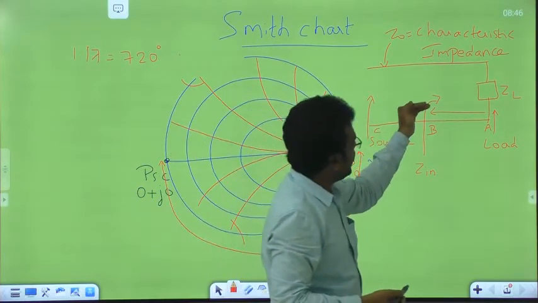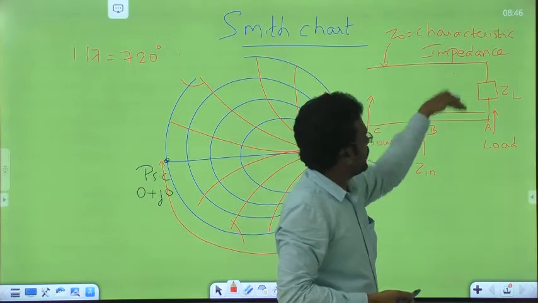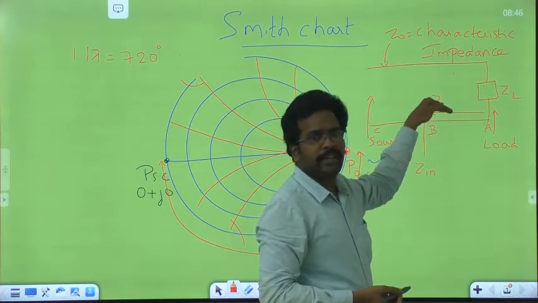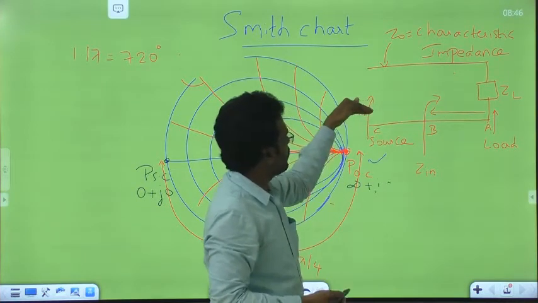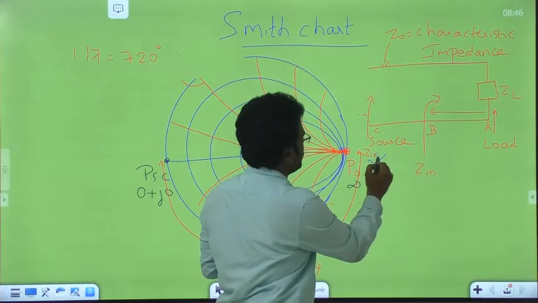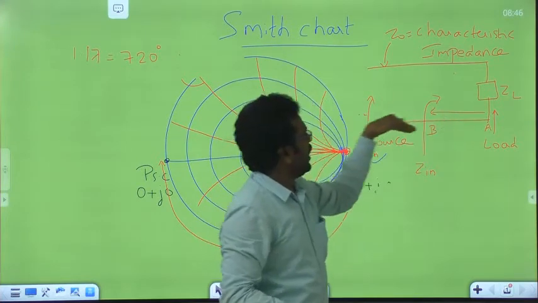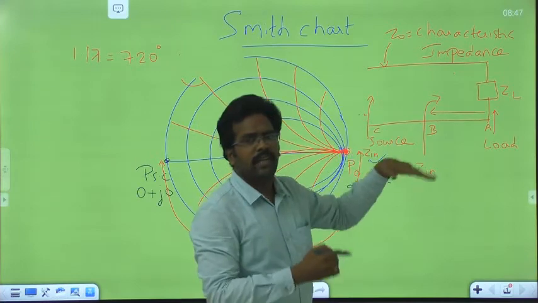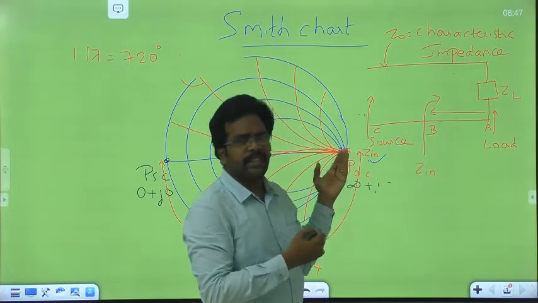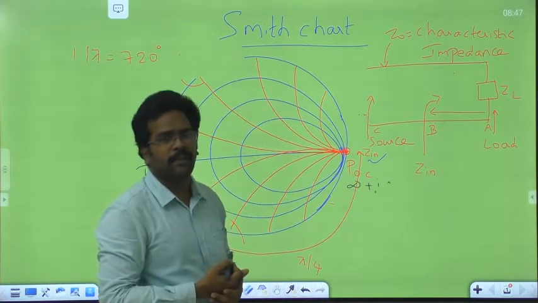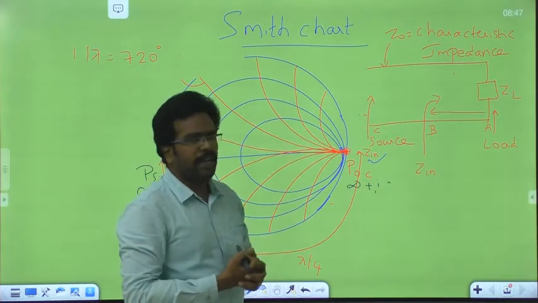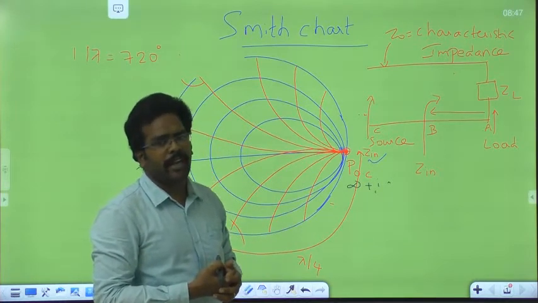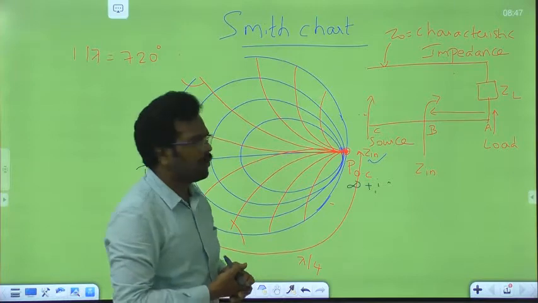Looking from this side, the load with the line acts as the input impedance. That means as the length of the line varies, the input impedance varies. So how do we find the input impedance at any point on the line? For that, we have to follow some procedure.